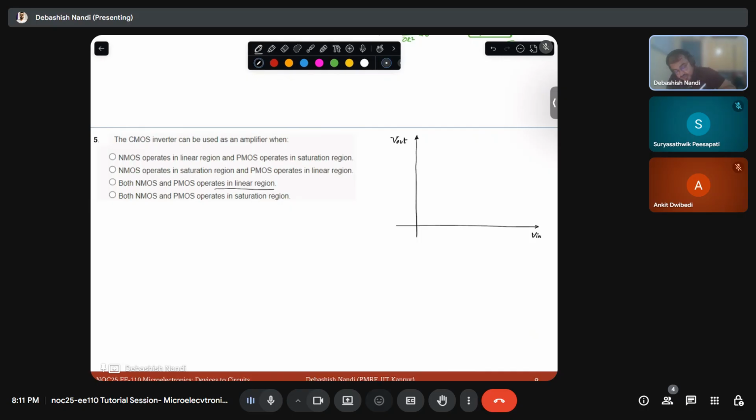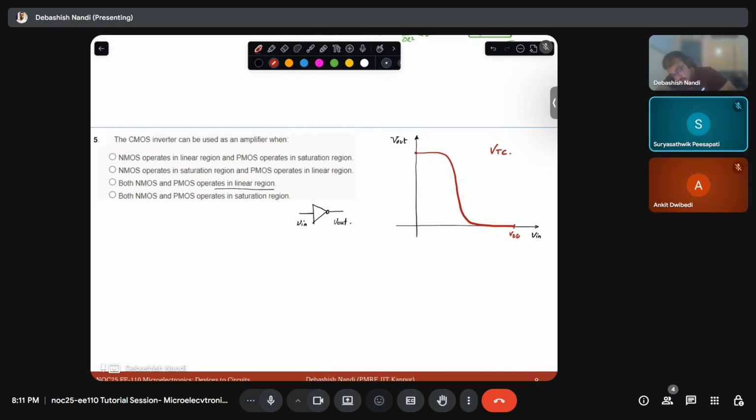So we'll see. This is your inverter, right? This is your Vin. This is your Vout. So how will the output look like? This looks something like this, right? Have you seen this? Yes, VTC, voltage transfer characteristic. This is VTC. Yes, sir.